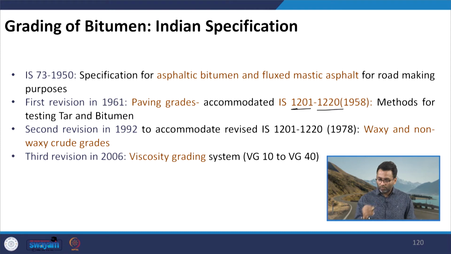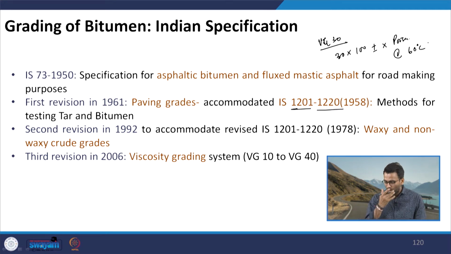So, here for example, if you talk about VG30, this is a binder whose viscosity is 30 into 100 plus minus X poises at 60 degrees Celsius. This value of X will change from grade to grade, which I will show you in the subsequent slides.